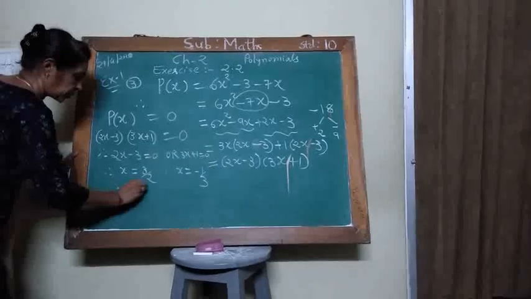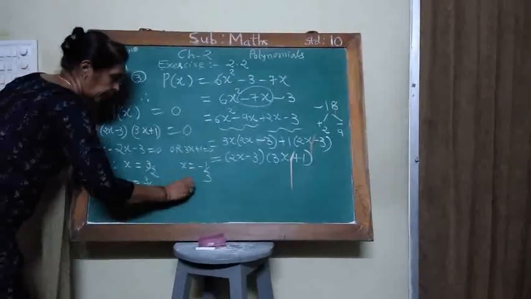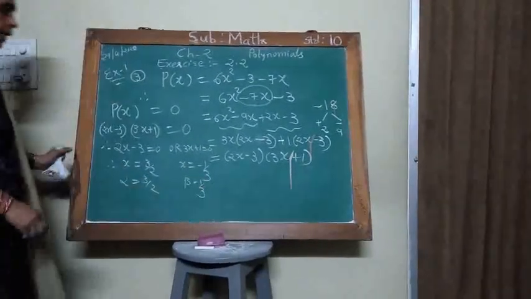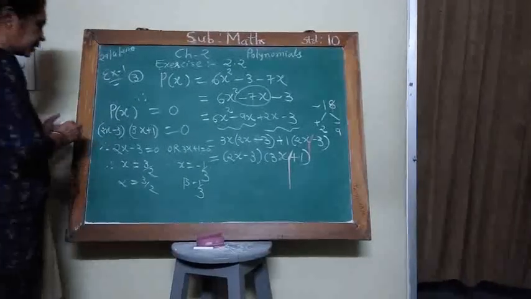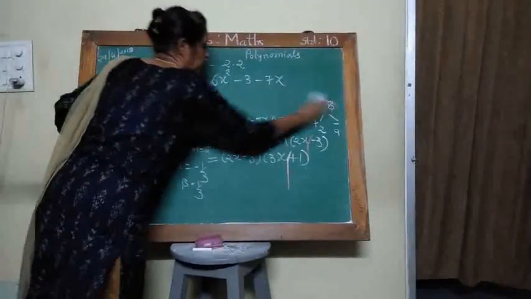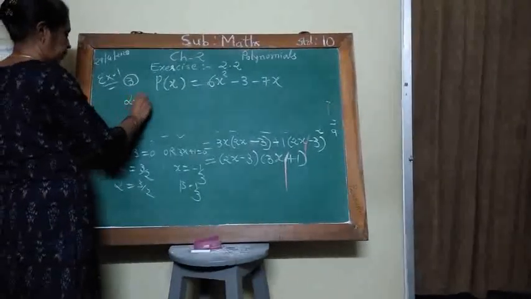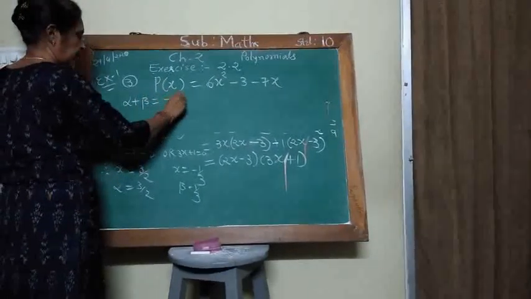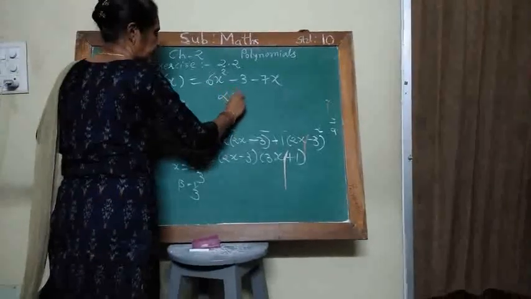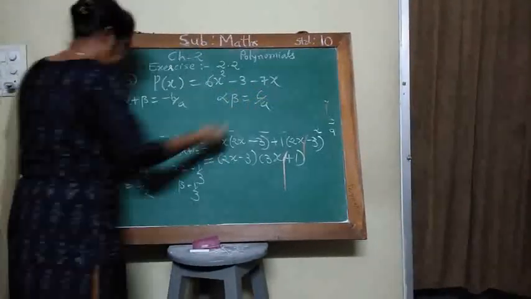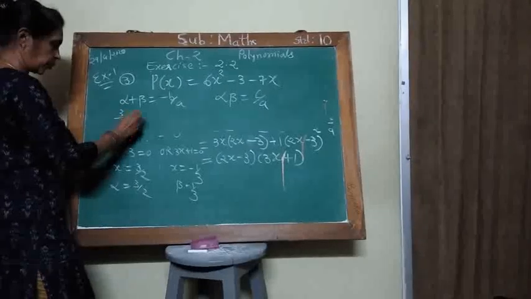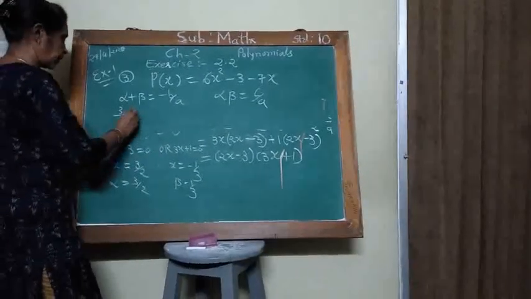Let alpha equal 3 by 2 and beta equal minus 1 by 3. We can verify this by the relation with the zeros of this polynomial. Alpha plus beta is equal to minus b upon a. Put the value 3 by 2, and beta is minus 1 upon 3.